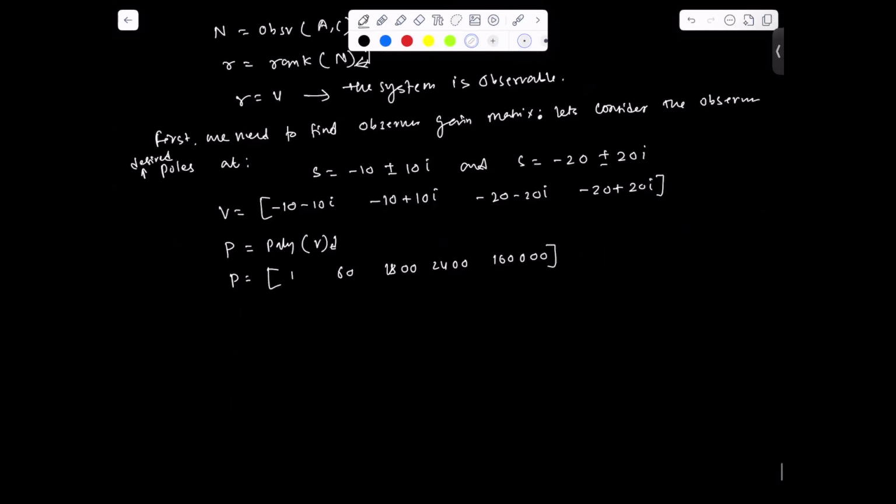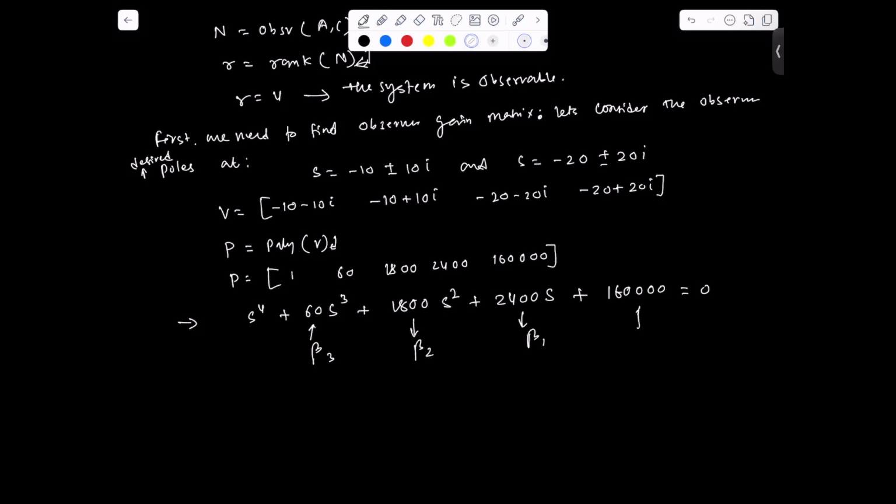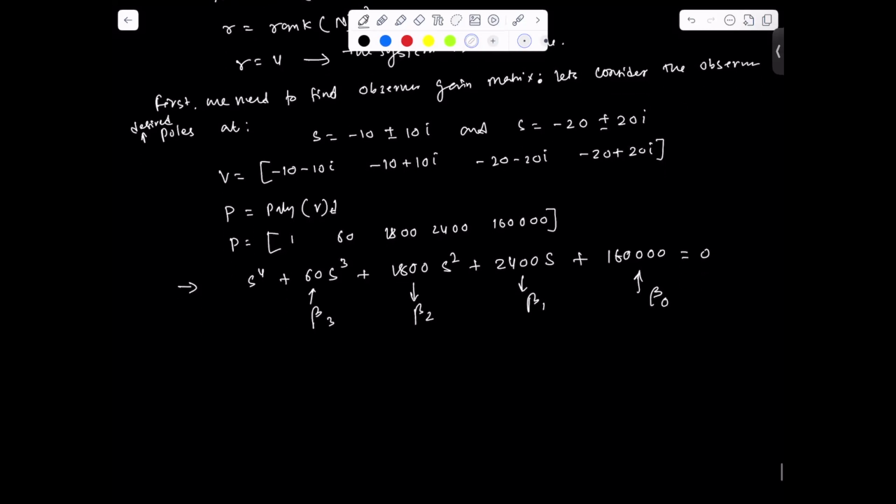And from this we can write the desired characteristic equation s to the power 4 plus 60s cube plus 1800s square plus 24000s plus 160000 equal to 0. So here the coefficients are nothing but beta 3, beta 2, beta 1, and beta naught.